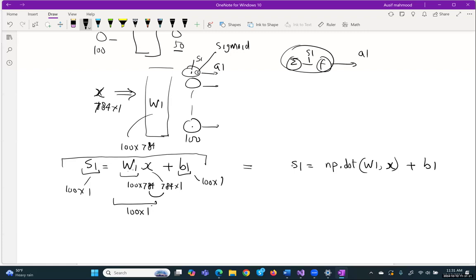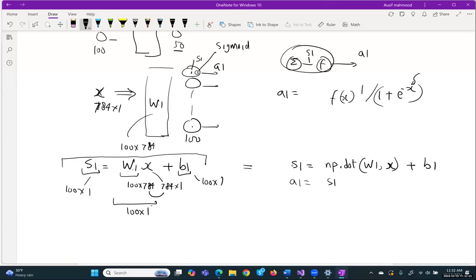Now, what about A1? How will we compute A1? Remember, what was the formula for sigmoid? It was 1 over 1 plus e to the minus x, right? Again, this is very easy. We can say A1 equal to 1 over 1 plus e to the minus S1. When I say x over here, what I meant is that in general this is f of x.